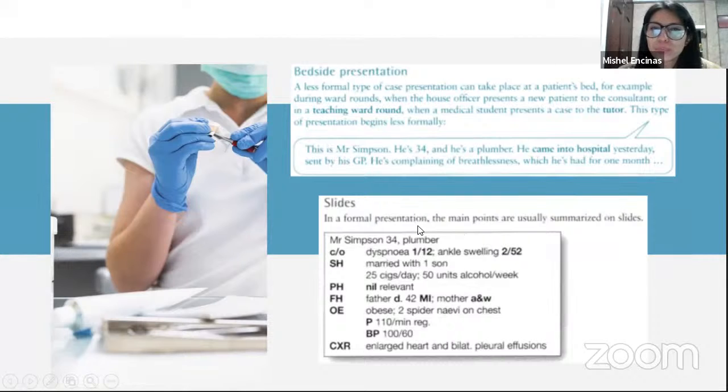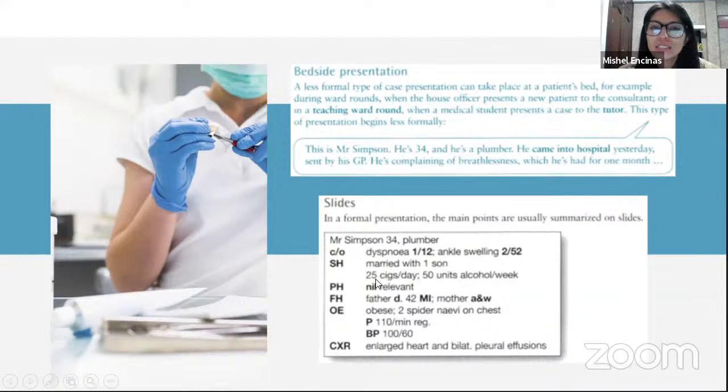Slides. In a formal presentation, the main points are usually summarized on slides. For example, Mr. Simpson, 34, plumber. CO dyspnea, 1 slash 12, ankle swelling, 2 slash 52. SH, we have a social history, right?